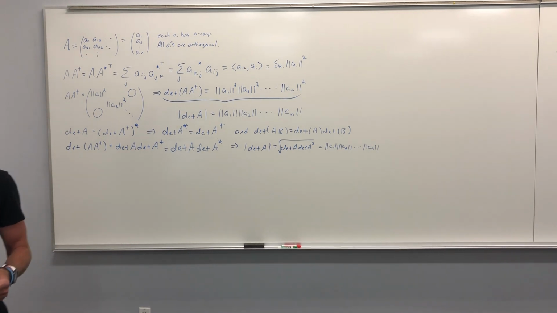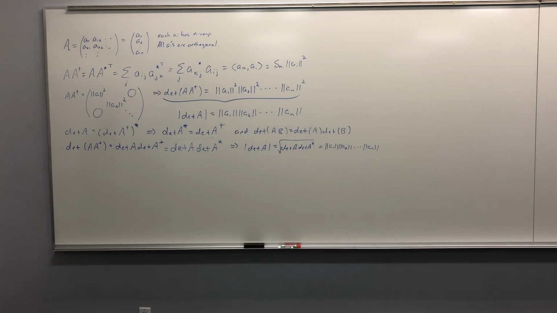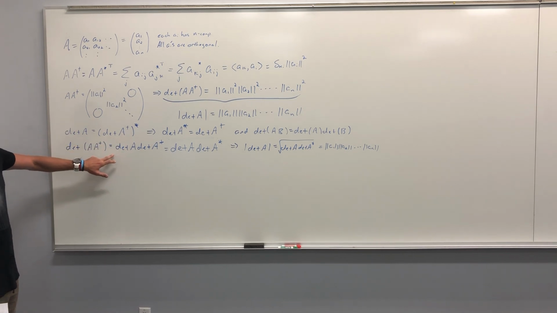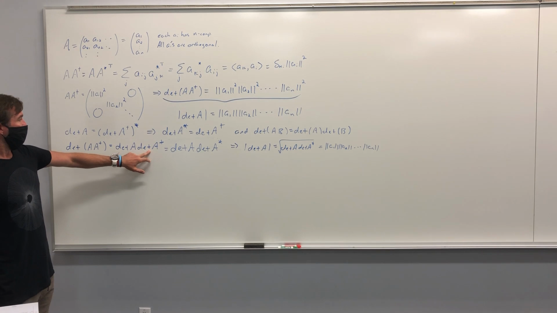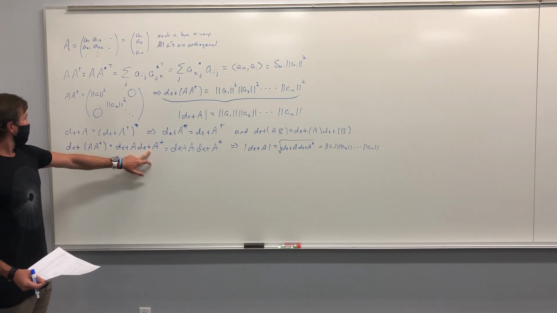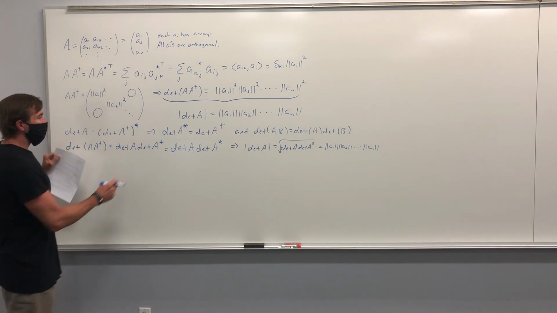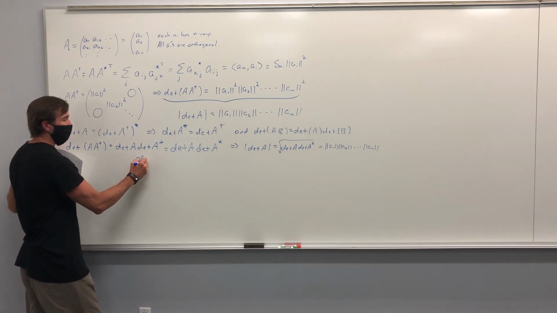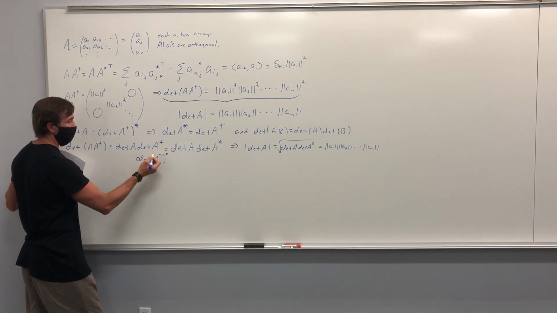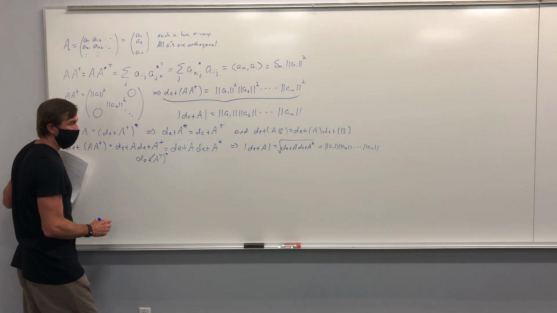So why does the dagger become a star? Why did the dagger become a star where? Here, the bottom line. So that A dagger equals that A star. In the row above, it's got the error. So the det A dagger is det A transpose star. Well, no, I see above that we set them equal.